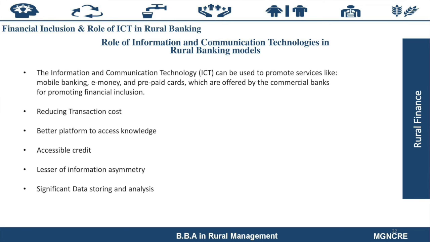That makes it easier for the bank to understand the psyche of the customer, whether that customer is a potential customer or not, and therefore help him or her in future loan disbursement. Therefore, the negative aspects of analysis, data storing, and information asymmetry that used to exist before have been reduced because of ICT.